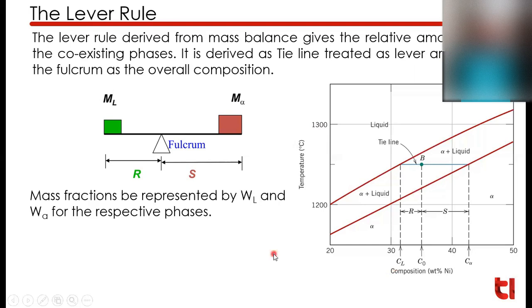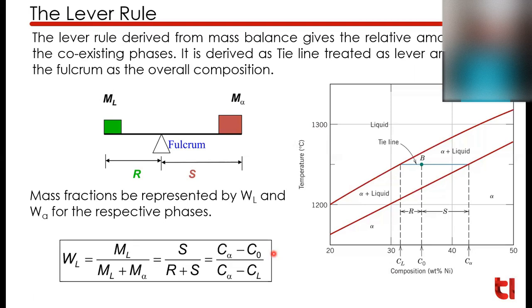Mass fraction is represented by Wl and W alpha for the respective phases. To find the liquid mass fraction, Wl is equal to ml upon the total mass, ml plus m alpha, or in terms of distance, S upon R plus S. But in terms of the phase diagram, S is C alpha minus C naught, and R plus S means C alpha minus CL.